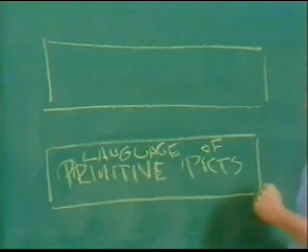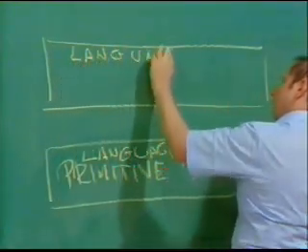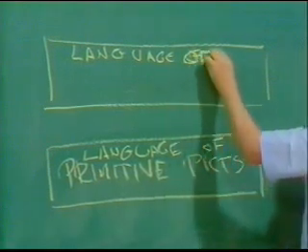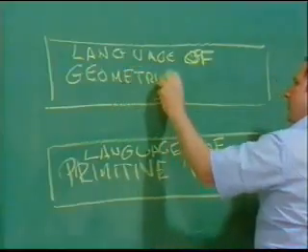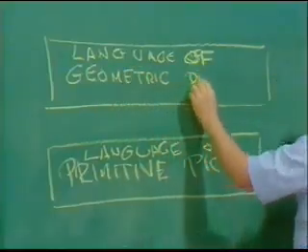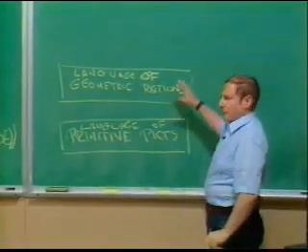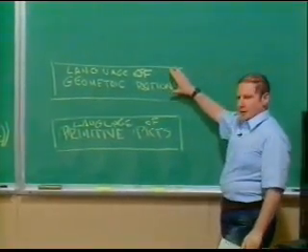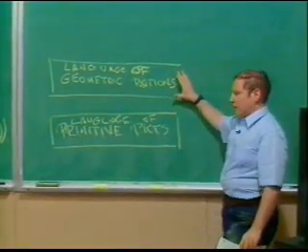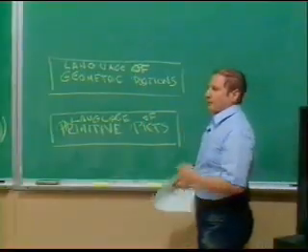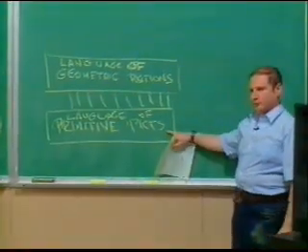On top of that was a whole language, a language of geometric combinators, a language of geometric positions, which talks about things like above and beside and right push and rotate. And those things happen with reference to the things that are talked about in this language.